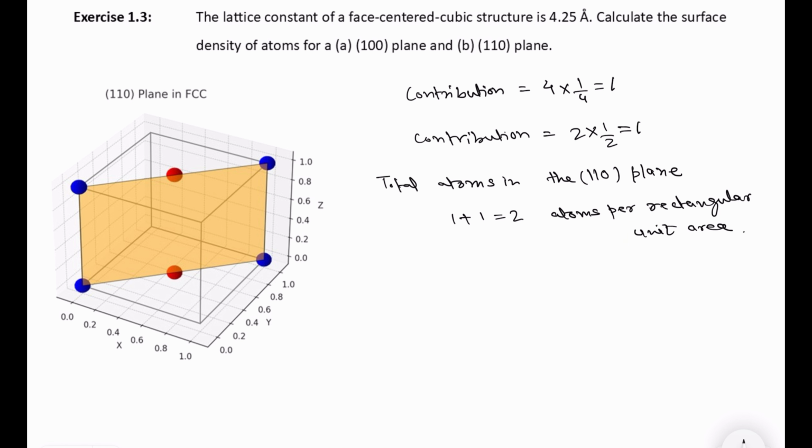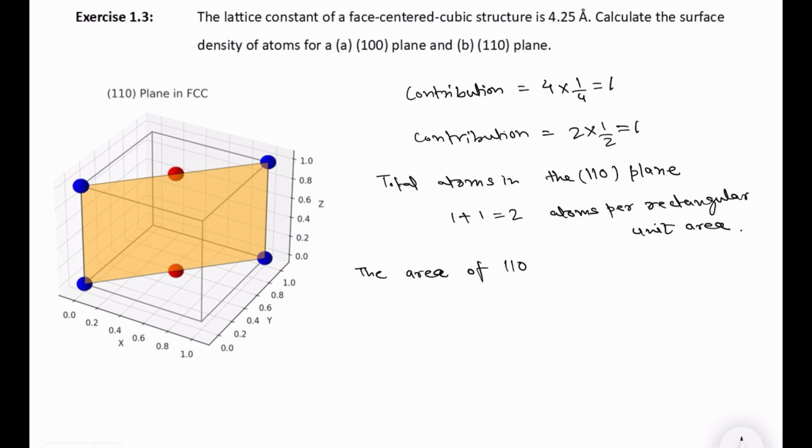Now we'll calculate the area of the 110 plane. The area of 110 plane, A110, equals A into root 2 into A, which equals root 2 A square.